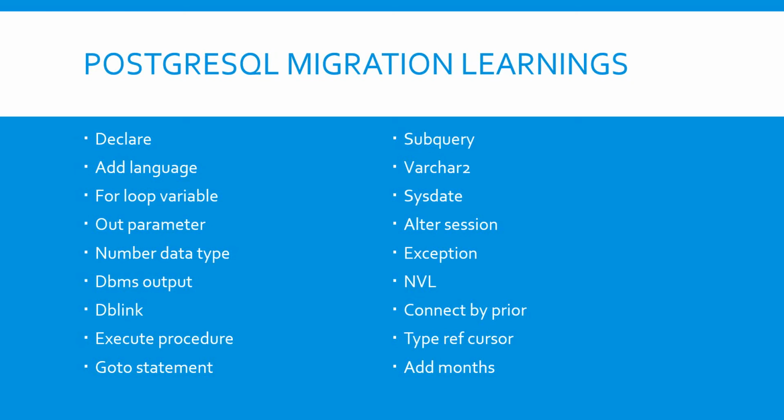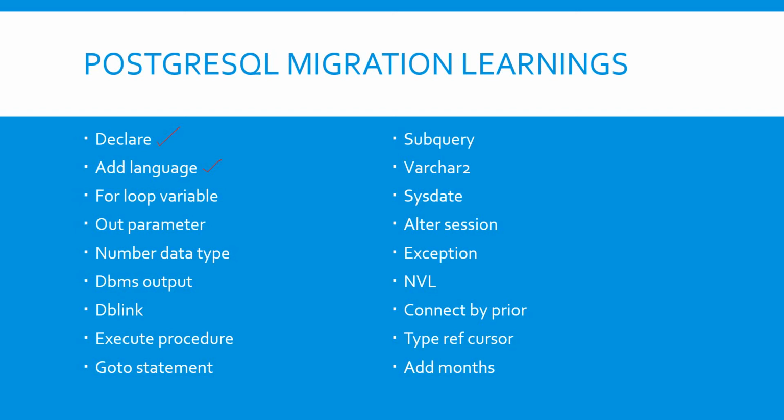But here we need to use declare, and one more thing, we need to add the language also. If you are using language PL/pgSQL, we need to add the language within single quotes. And if you are going to write a Python script in Postgres, that is also possible. You can mention the Python library here.